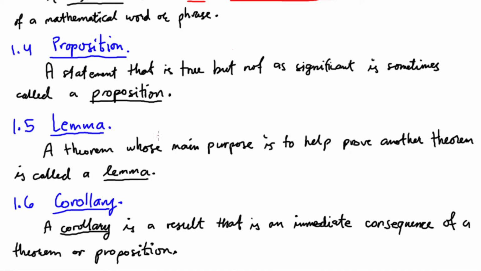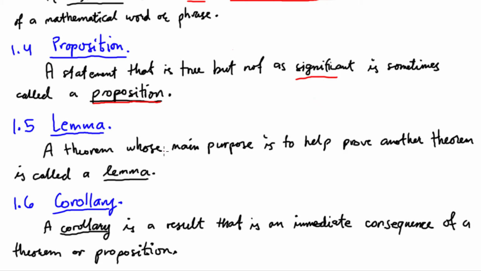In general, a theorem is reserved for a statement that is considered important or significant, such as the Pythagorean theorem. A statement that is true but not as significant as a theorem is what we call a proposition. It can still be verified and given a proof, but it's not as significant as a theorem.